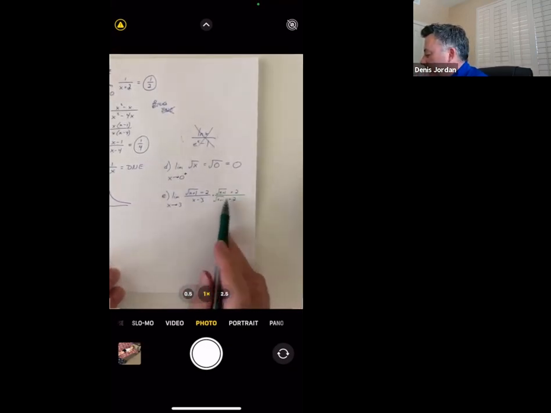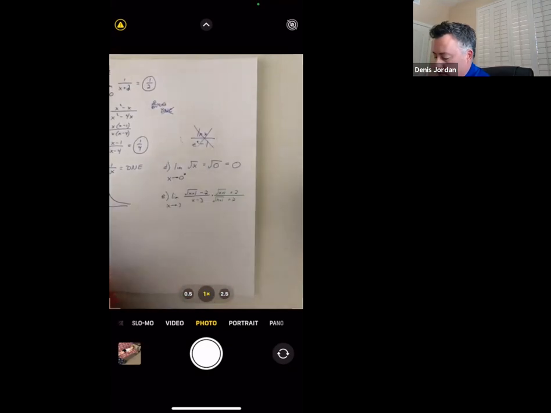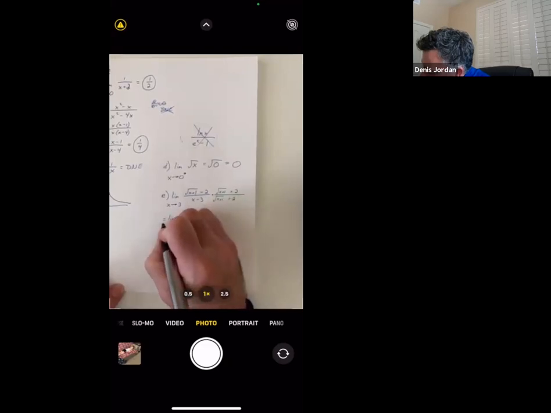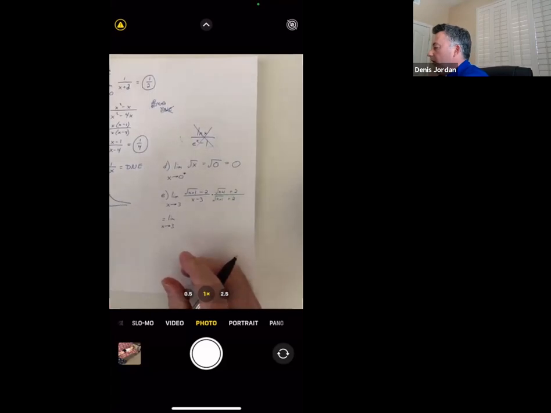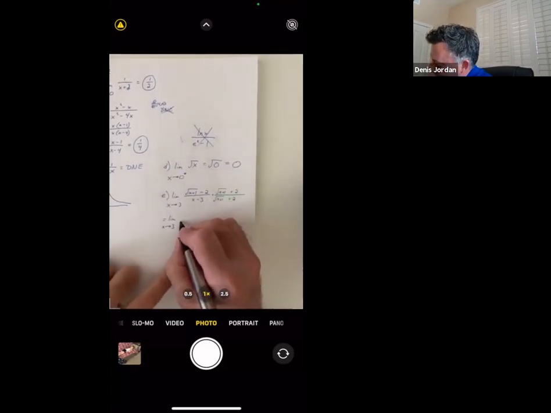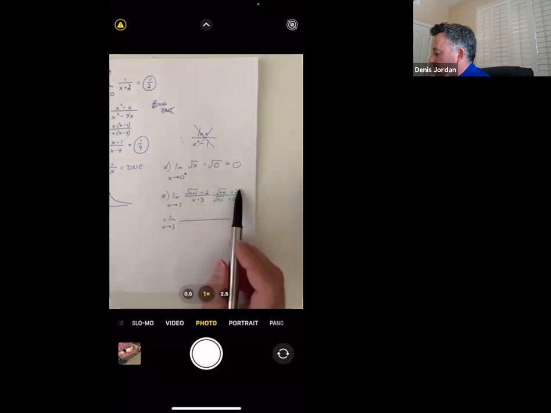And why is that important? Why are you not just allowed to do it to the top? So why do you need to multiply to both places?